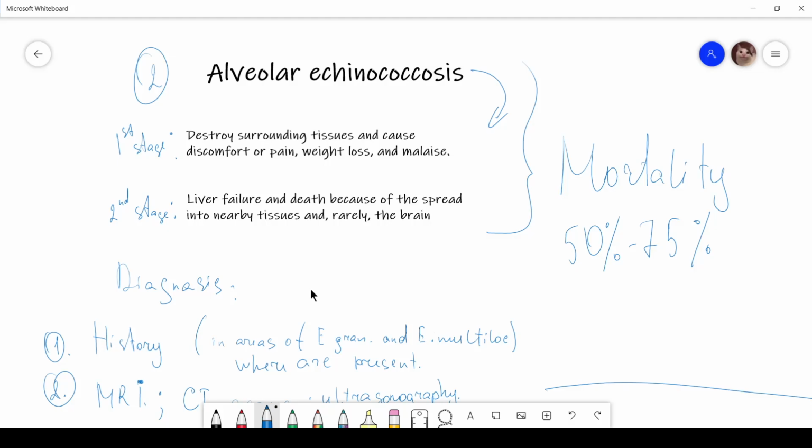Rarely, metastatic lesions in the lungs, spleen, and brain occur. Untreated infection has a high fatality rate, with mortality of 50 to 75%, or 50 to 70%. Very high mortality.